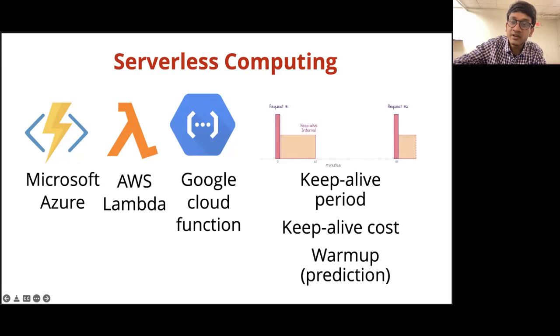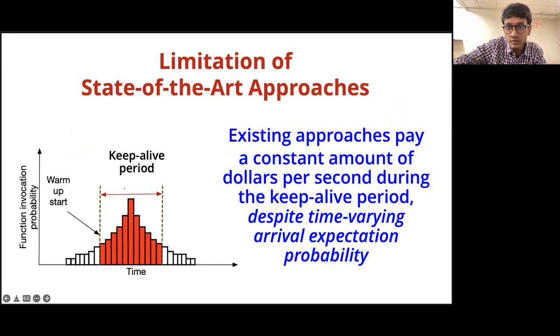From the customer side, there is a need to reduce the service time by avoiding the cold starts. And from the provider's side, there is a need to reduce the total keep alive cost. Functions have a varying invocation probability.